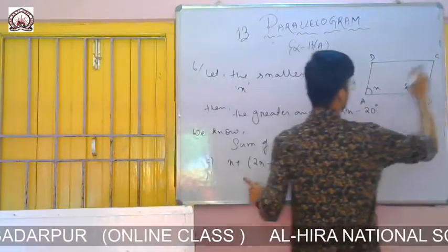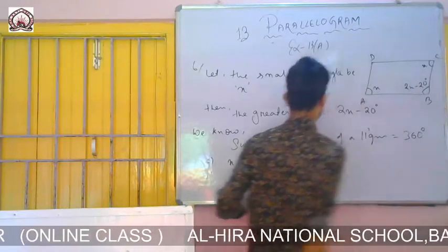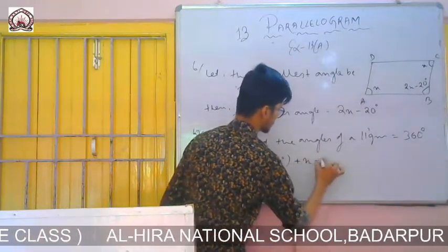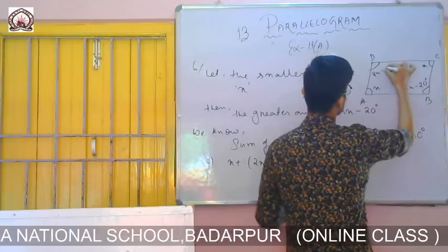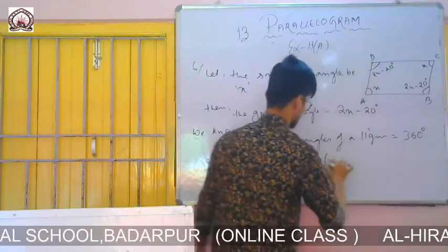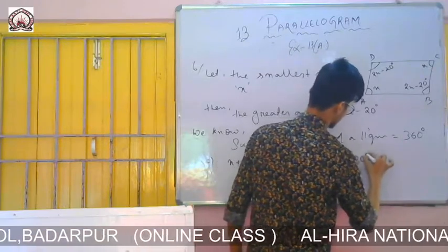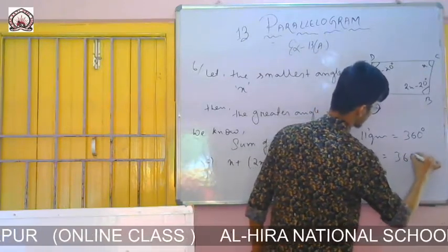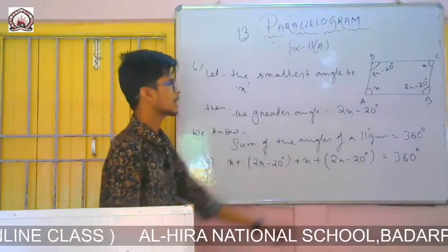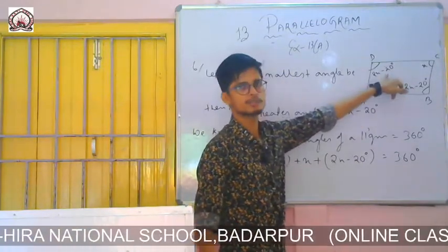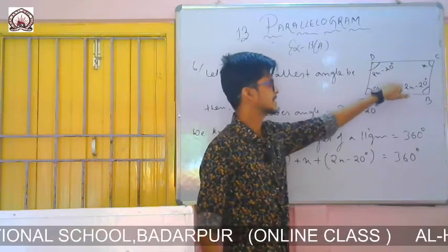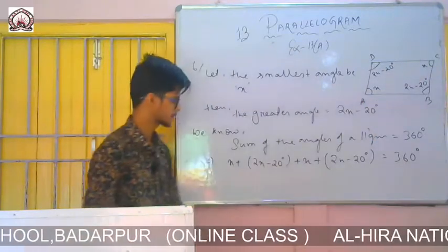This angle will also be x, then again plus x. Then the last one, if this one is twice x minus 20, then this one will also be twice x minus 20, which equals 360 degree. These are the opposite angles. If this is x, then the opposite angle will also be x.